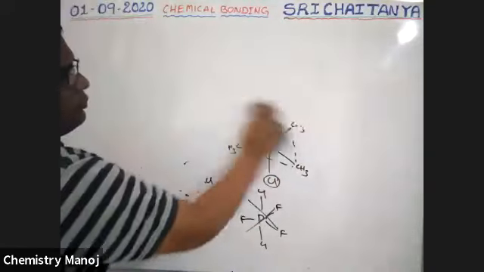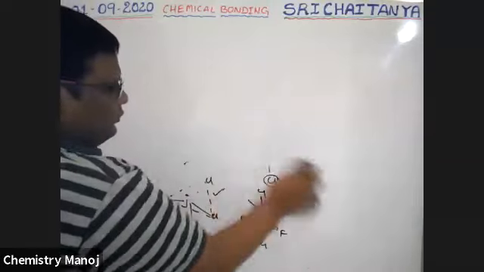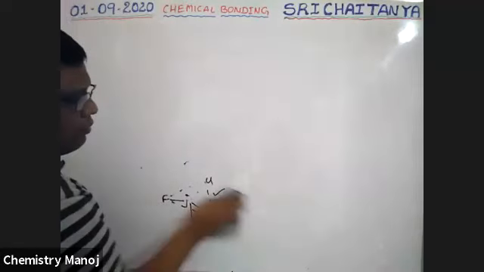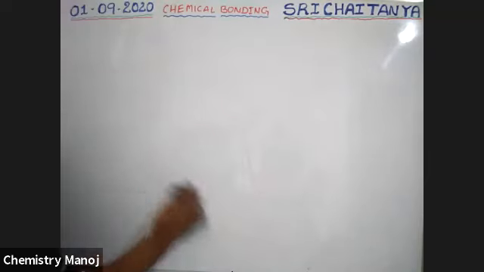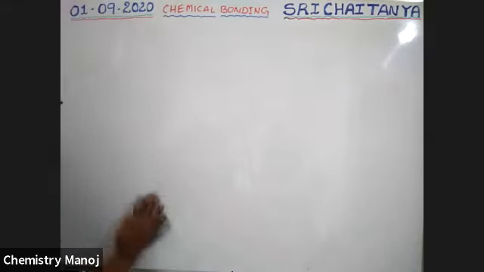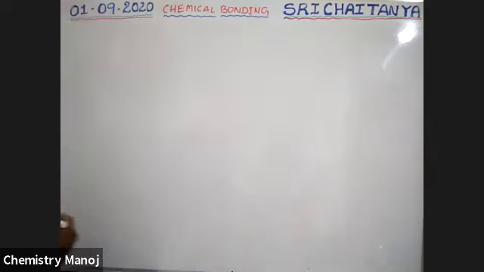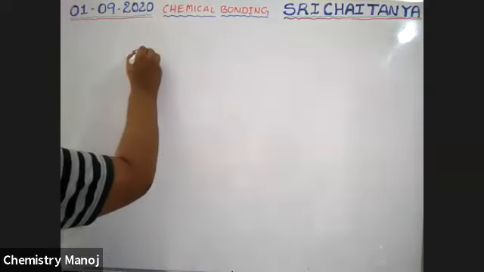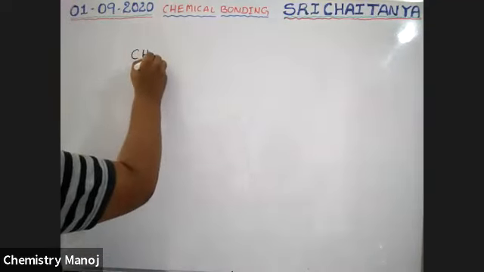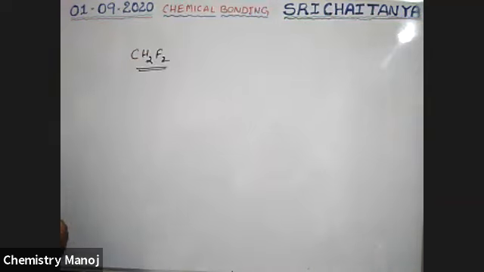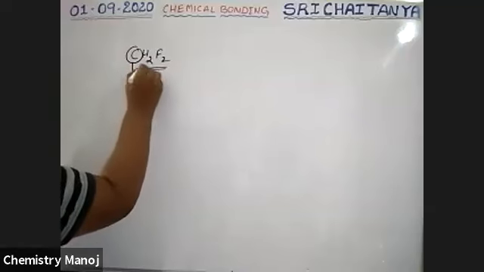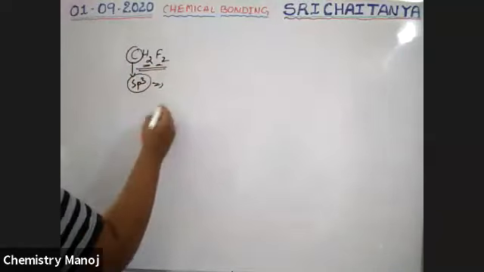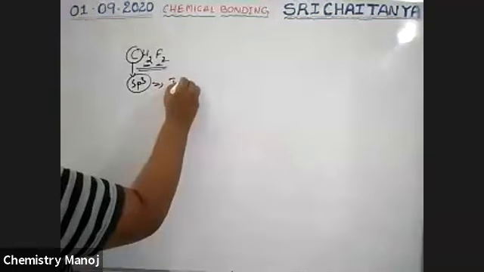See here, in case of CH2F2, fluoroalkanes, your carbon is in sp3 hybridization. Because of different atoms attached, this is a tetrahedral.